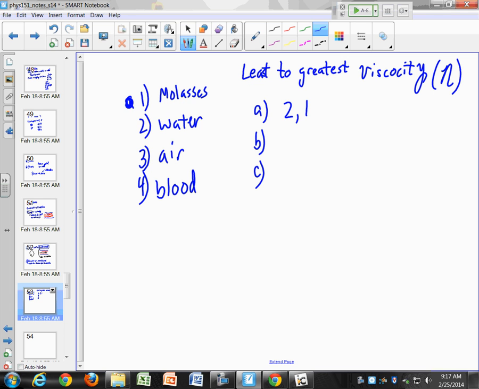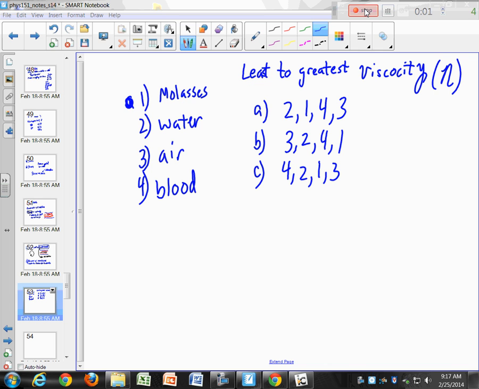Is it 2, 1, 4, 3? Is it 3, 2, 4, 1? Or is it 4, 2, 1, 3? Just a second, I'll open it up. So rank these in order from least to greatest viscosity.